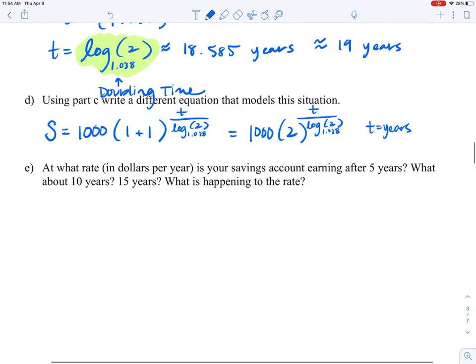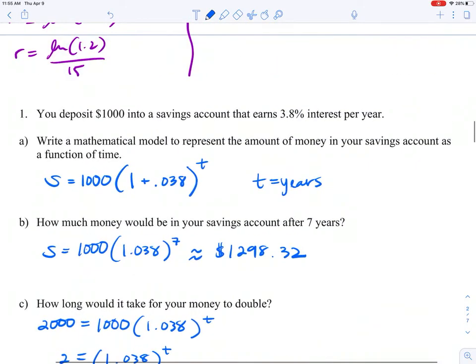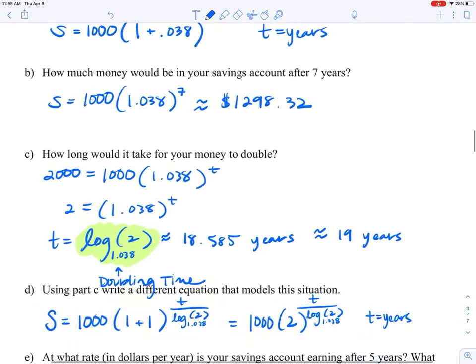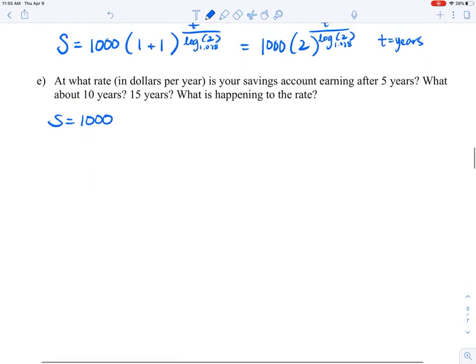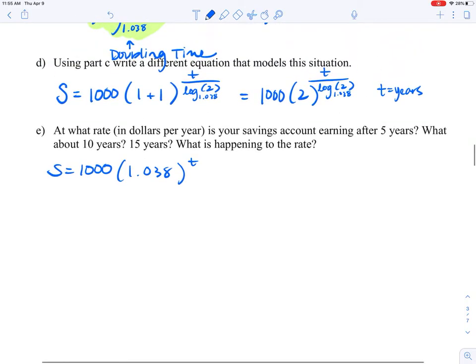So this is asking for the instantaneous rate of change, which means we want to take the derivative of one of our equations. I'm going to take the derivative of the first equation that we came up with, because it's just a little bit simpler than the equation that we came up with in part D.